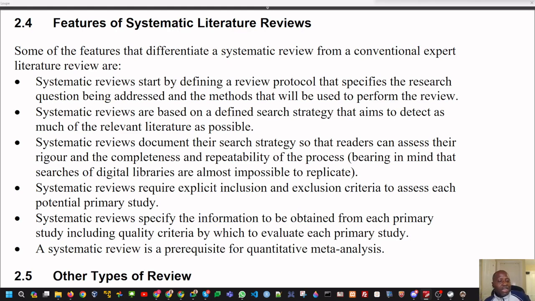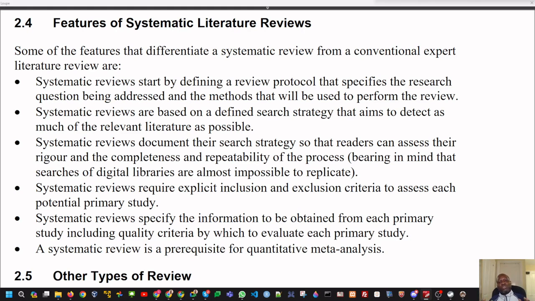Then fifth, systematic reviews specify the information to be obtained from each primary study, including quality criteria by which to evaluate each primary study. In other words, they define dimensions, and each paper is assessed according to the same aspects. And there are quality criteria as well for assessing a particular item.